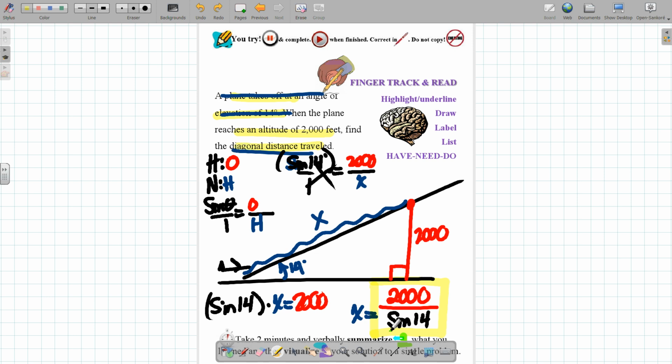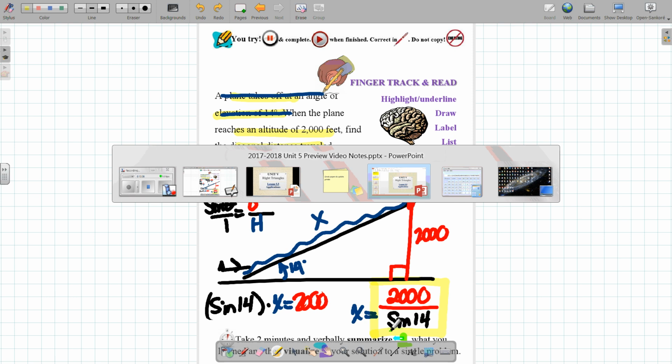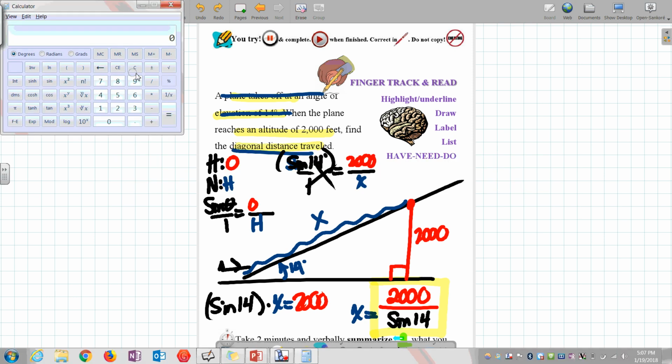So our diagonal is going to be 2,000 divided by the sine of 14. You don't touch a calculator until your x is by itself. We have 8,267 feet, 0.13.